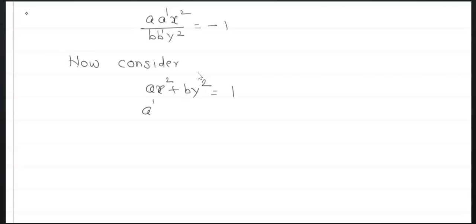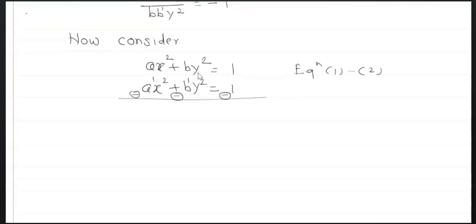Now we'll find the values of x square upon y square by solving these two equations. That is ax square plus by square is equals to 1, and a dash x square plus b dash y square is equals to 1.